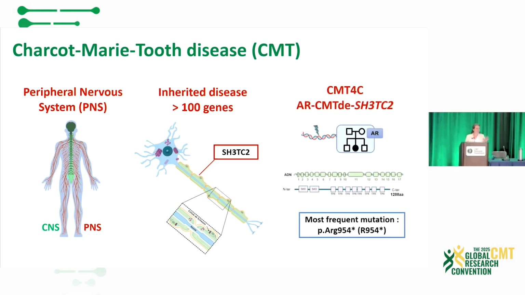It's not like PMP22, which is autosomal dominant. Here it is autosomal recessive, so we need two mutations to be affected. The most frequent mutation is present in almost 80% of the patients.